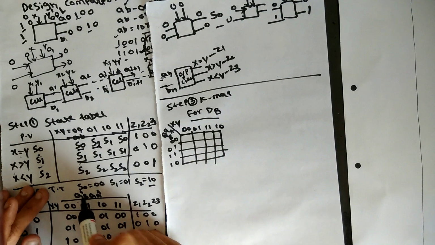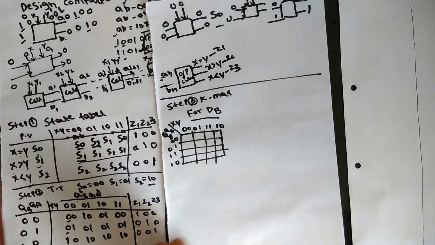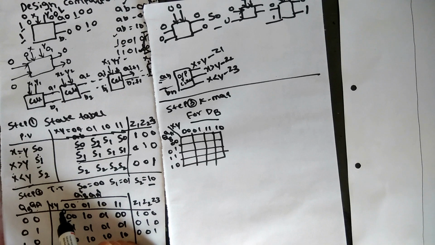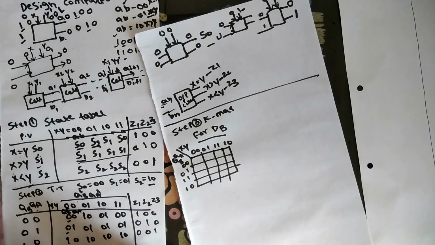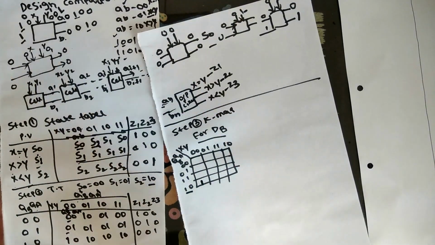First check DB, which means QB plus. Here this is QB plus, this is QA plus, and similarly everywhere. So the 1 is at what condition? The 1 0 0 0 condition, so it is 1.